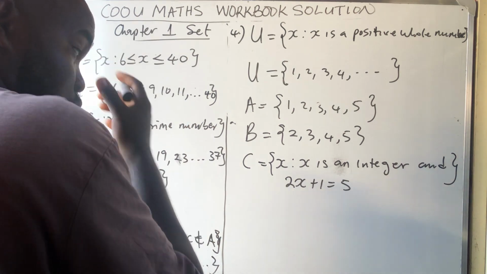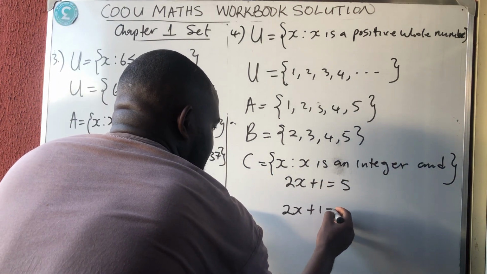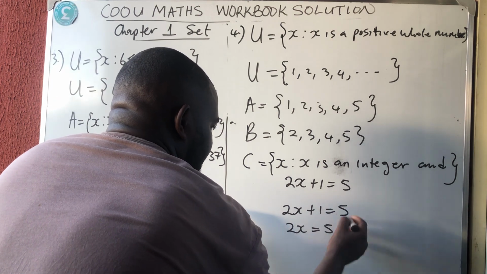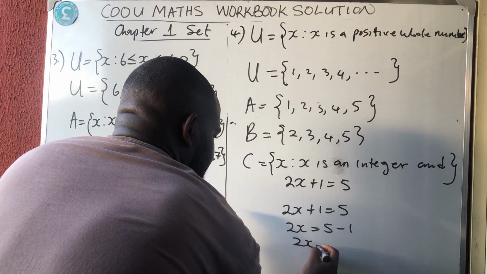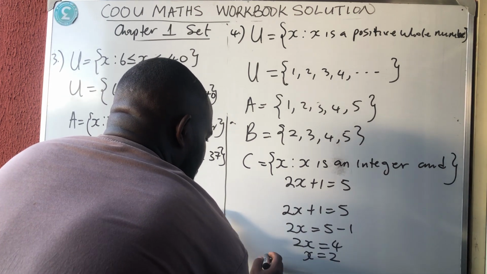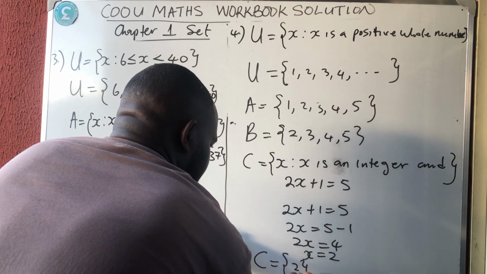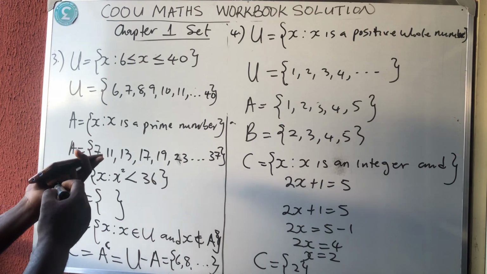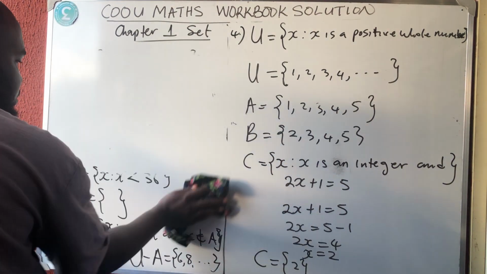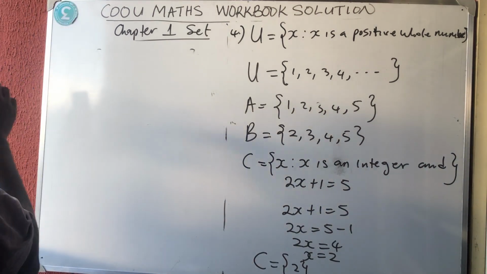So if 2x plus 1 is equal to 5, just solve it to find your x. 2x is equal to 5 minus 1, so 2x is equal to 4 and x is equal to 2. In fact, C is a singleton set. A singleton set is a set that contains just one element. So C has only 2 as its element.